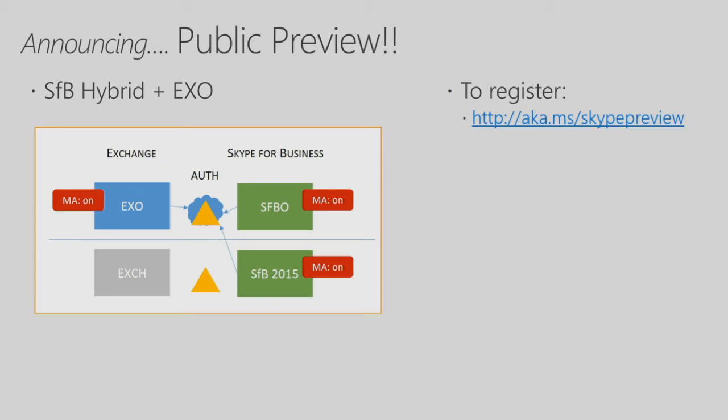To register for public preview, you go to aka.ms/skypepreview, you will see a new program there, and you register, and then we will send you instructions on how to do this. We really want to know who you are so that we keep in contact with you, get the feedback, and can help you solve problems if you run into them.